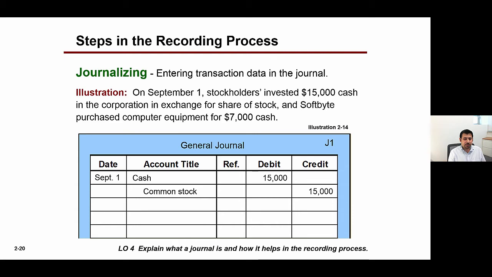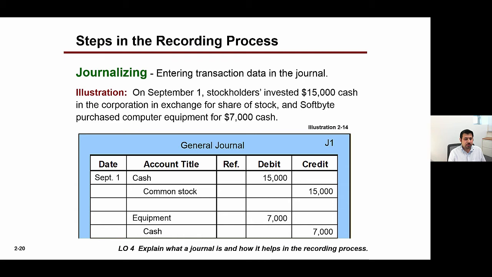Now after that, we enter the second transaction. The second transaction was where SoftBite purchased computer equipment for $7,000. In this case, equipment, which is an asset account, has increased by $7,000, and as a result, we debit equipment $7,000 and we credit cash $7,000.